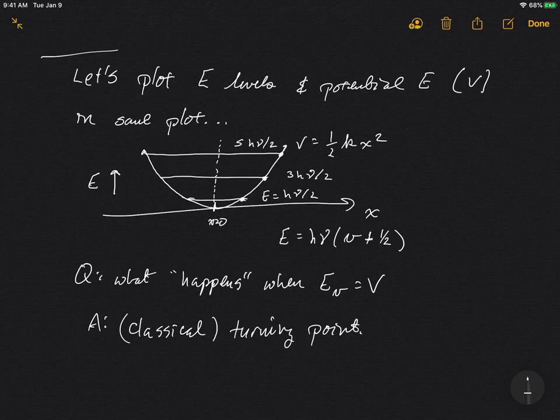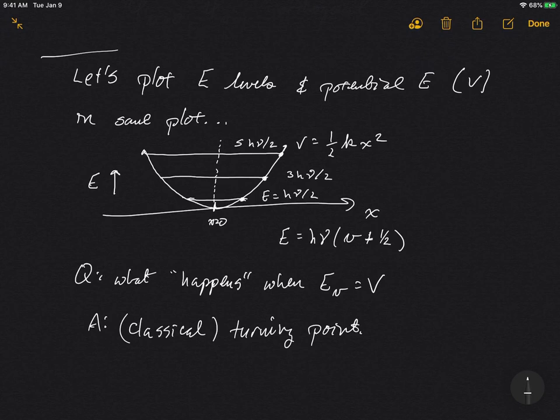You have velocity at a maximum at the bottom, at x equals 0, at the bottom of the potential well, and then it reaches another point and stops again at the negative classical turning point. There's going to be two of them.